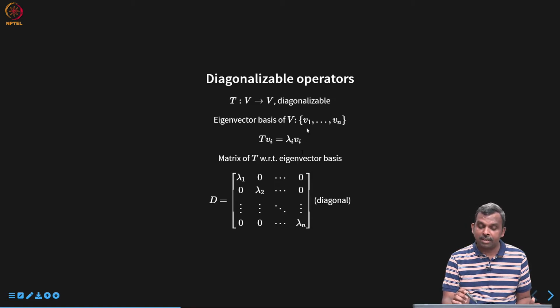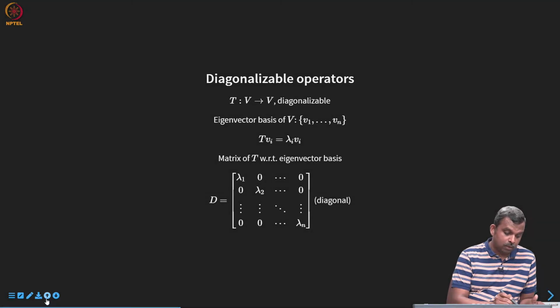Another thing which is very interesting is, once you have an operator like this, there is a basis for the whole space made of eigenvectors. There's something interesting going on here. Supposing you take any vector V, what does that mean?